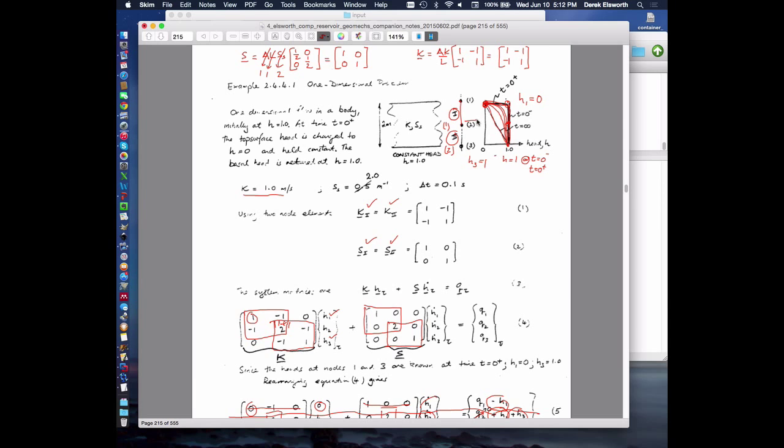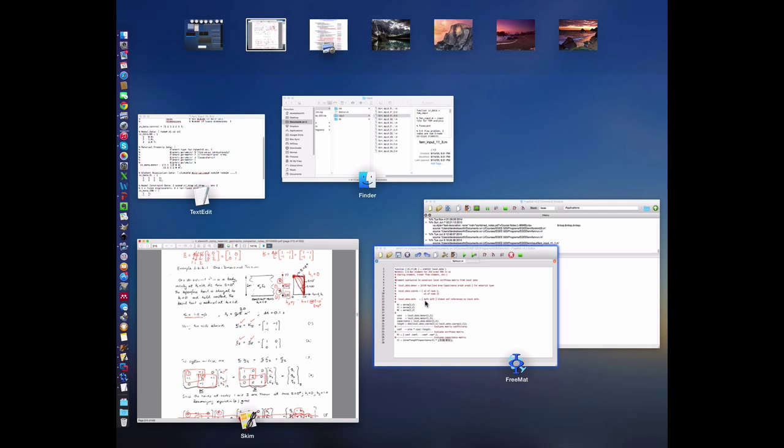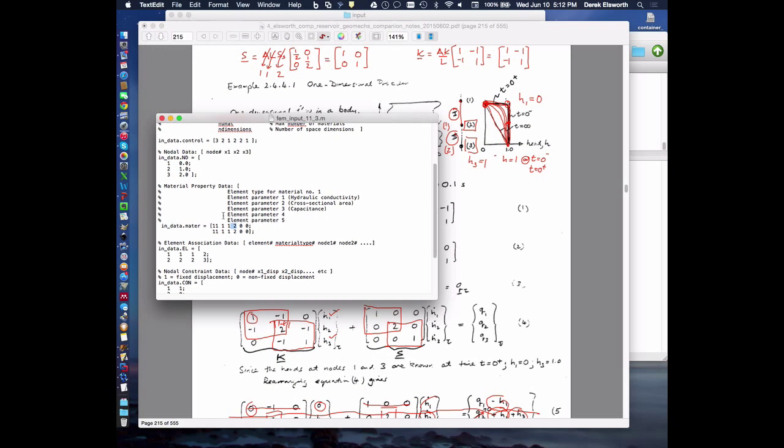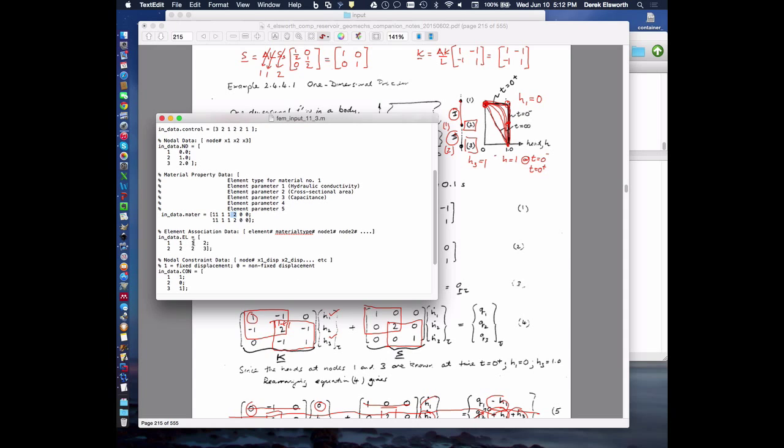So this would be global node 2 and 3. So this would be nodes 1 and 2, and this would be nodes 2 and 3 in the data file. So let's have a look at that. Yeah, this is this here. So nodes 1 and 2, 2 and 3.